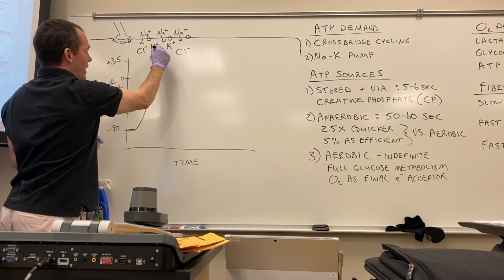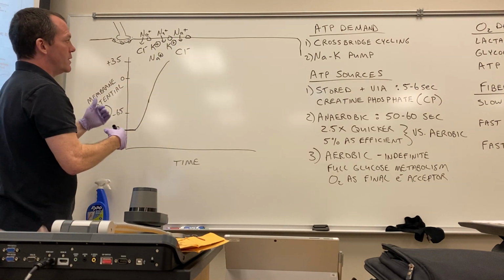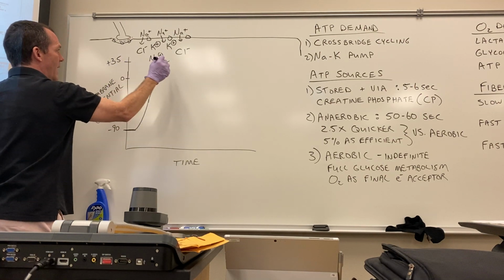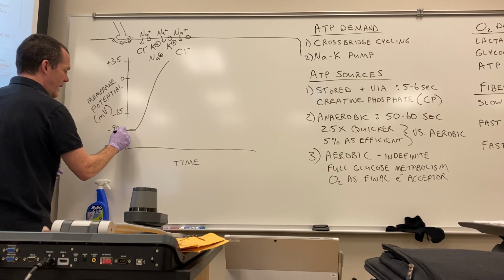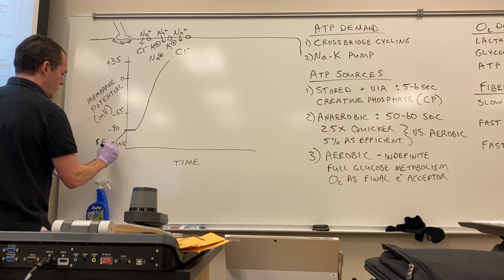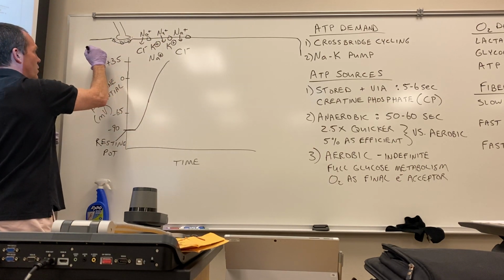We've accumulated a lot of these positive ions on the inside, the membrane potential shifts to positive, and this is what we call the action potential. So here at negative 90, we call that the resting potential, and up here at positive 35 or so, we call that the action potential.